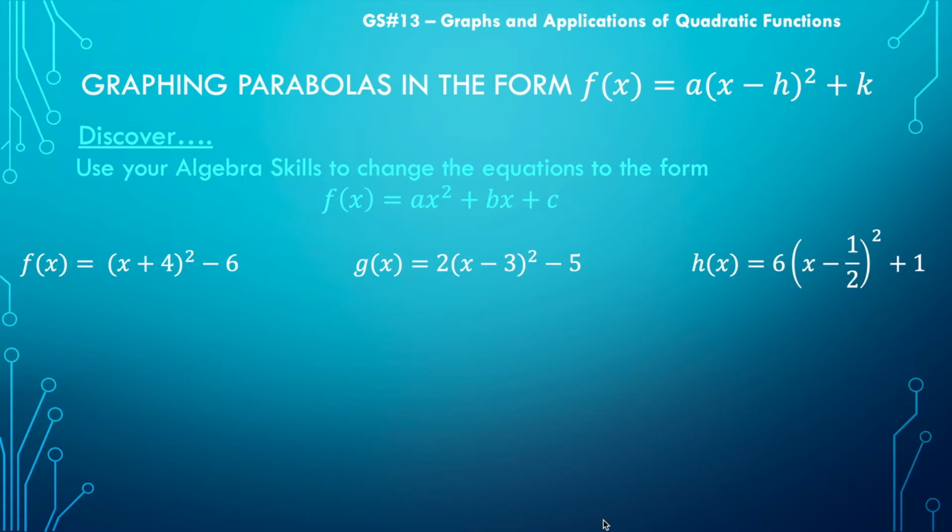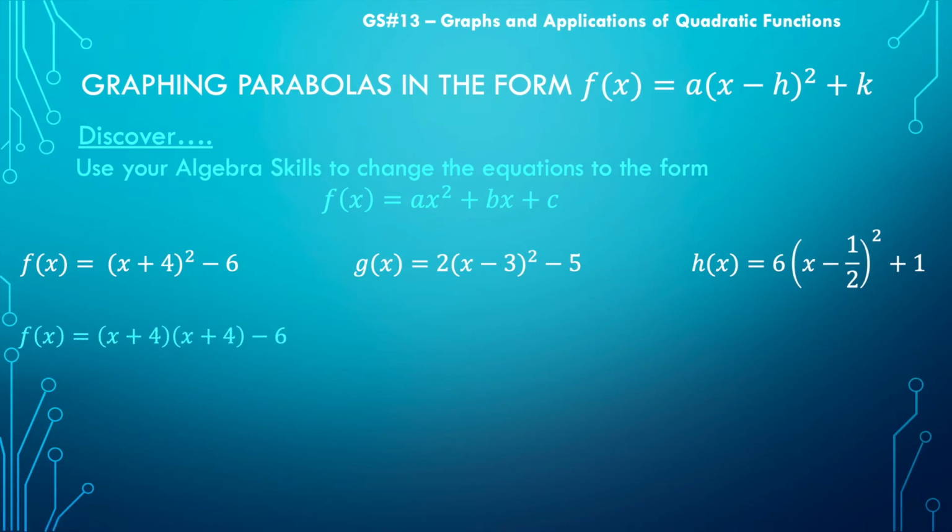So the first thing I'd like you to do is take these three functions, f of x, g of x, and h of x, and use your algebra skills to transform them into standard form. What I mean by that is you're going to take this binomial that's being squared, multiply it out, and then combine like terms. So let's do this first one together.